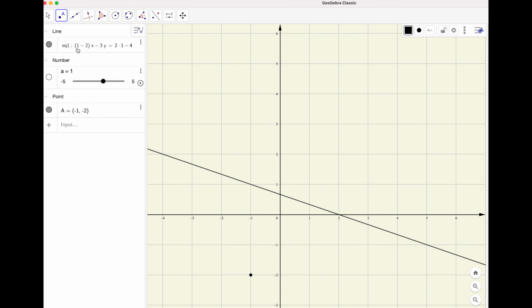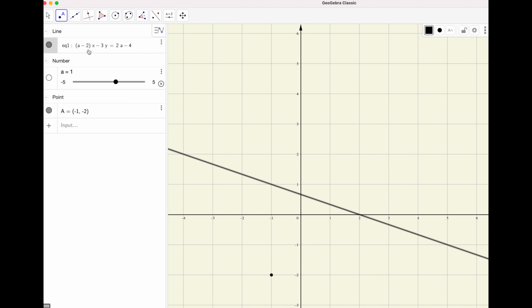Did I make a mistake here in typing? No, it's correct, a minus 2. Okay, so that's correct. This is my equation of those lines. If I start moving this a around, it becomes a little bit complicated, because not only is the slope changing, but also the y-intercept is changing.